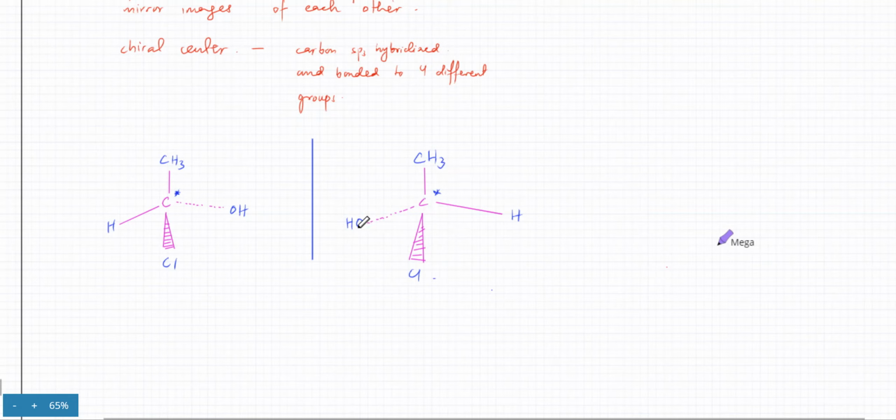If you pick it from the top and try to rotate the OH and bring it to the right, the OH would start pointing to the right, and the H would start pointing to the left. So the OH and H would switch positions, and they would start looking like this. But the Cl, which is right now pointing towards you, would start pointing into the board on the other side, and that bond would be in a different direction compared to this one.